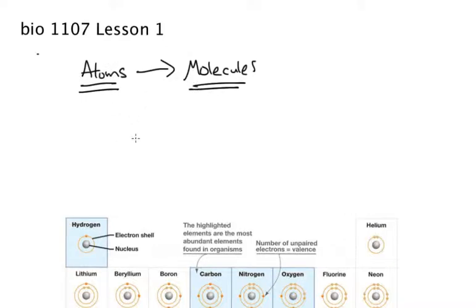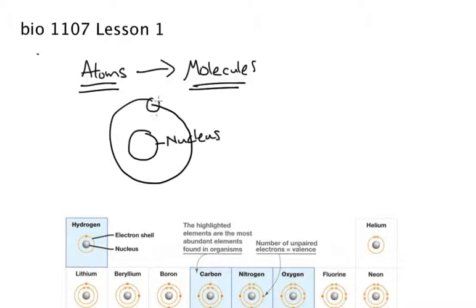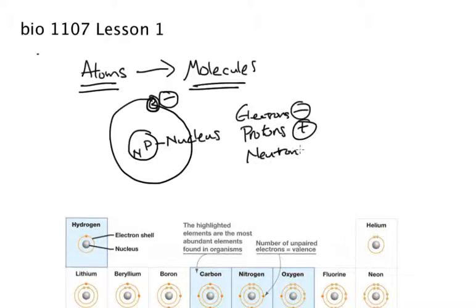And the basic structure of an atom is you have a core called the nucleus, surrounded by electrons, right? Electrons have a negative charge, and in the nucleus we have what are called neutrons and protons. Now, protons are positive, like I said before, electrons are negative, and neutrons, as the name suggests, are neutral, right?